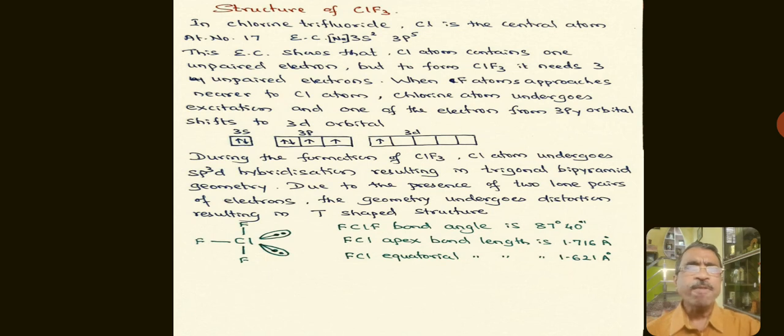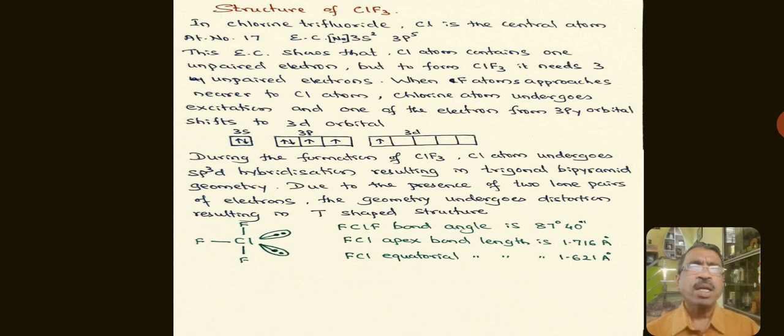In chlorine trifluoride, chlorine is the central atom, atomic number 17, electronic configuration 3s2 3p5. This shows that chlorine contains 7 electrons. Out of the 7, 2 are in 3s and 5 are in 3p.